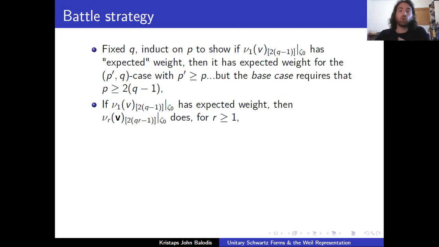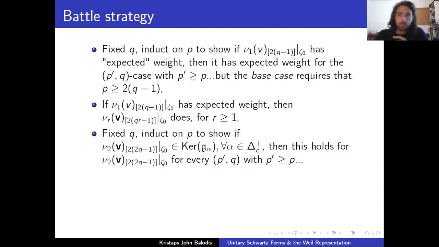I've just told you my induction strategy for showing the weight of this vector. But the highest weight part of it, right? I've got to show that this is killed by the action of these certain special vectors. And again, we can use induction here.